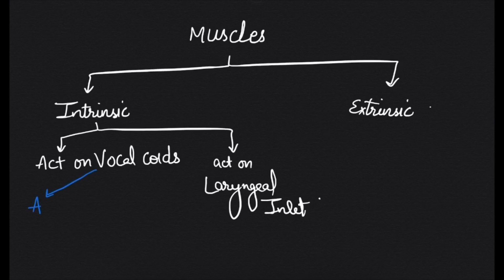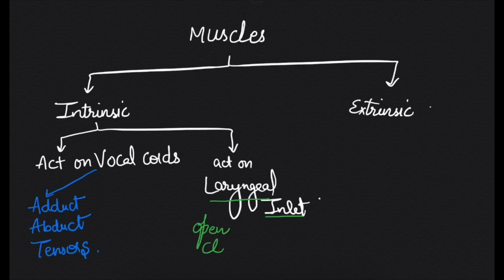The muscles which act on the vocal cords will either adduct the vocal cord, that is bring them towards the midline, or abduct the vocal cord, that is take them away from the midline, or they will be the tensors of the vocal cord, meaning they will increase the tension in the vocal cords. Then we have muscles which will act on the laryngeal inlet. They can either open the inlet or close the inlet.